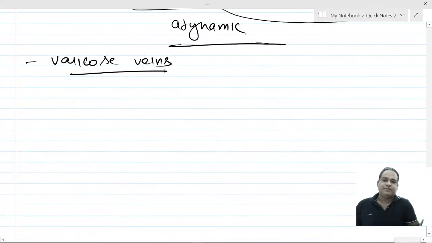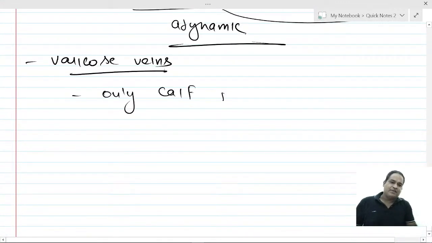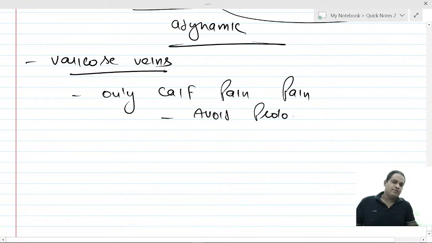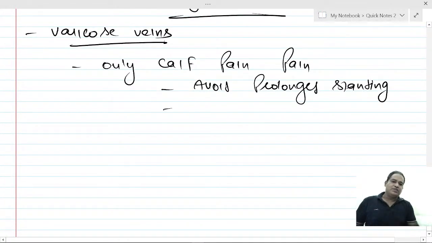Varicose veins: if only calf pain is there, you ask the patient to avoid prolonged standing and strenuous walking.